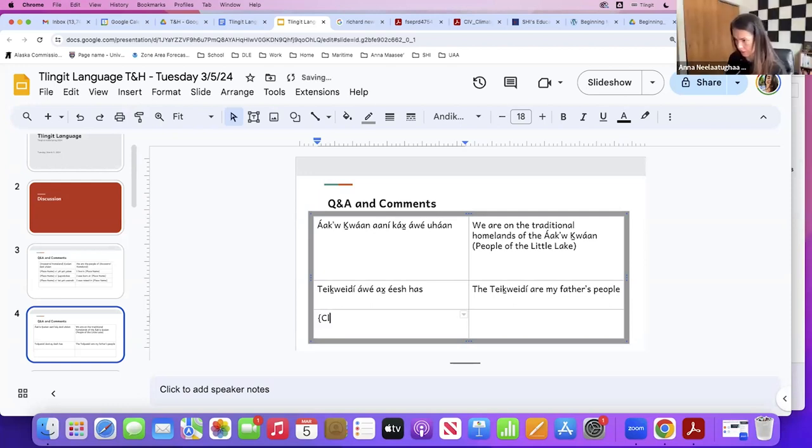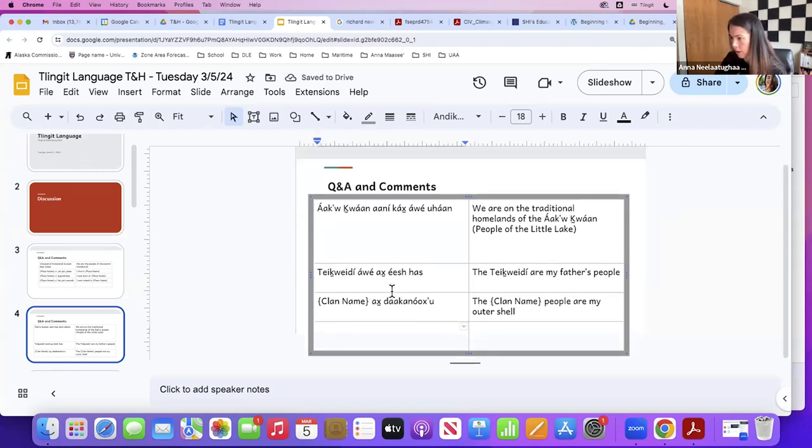You could do like clan name, or you could do the same thing, but Akhlil Kohas. You basically say the kinship term that clan is to you.